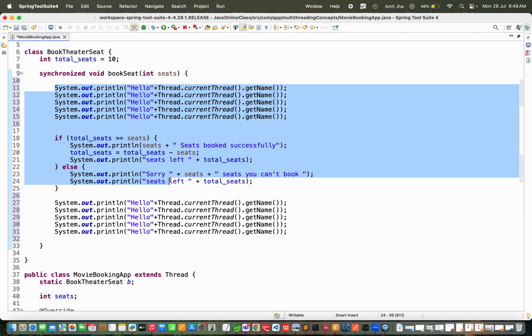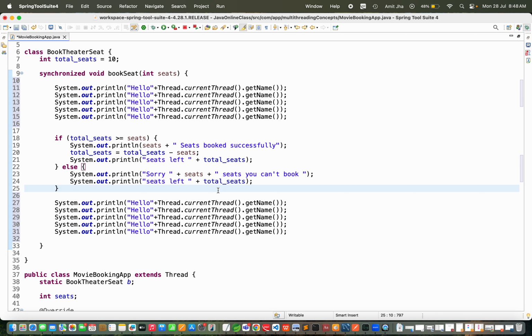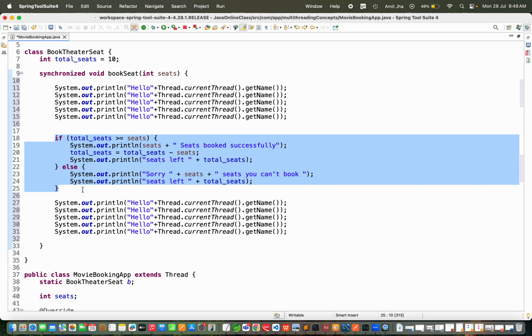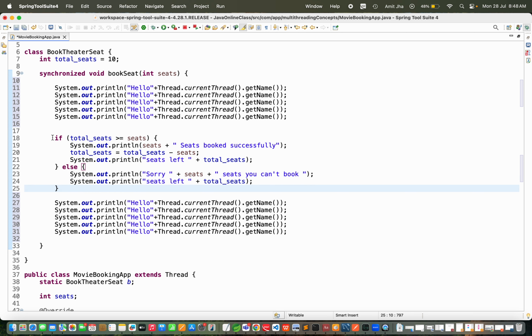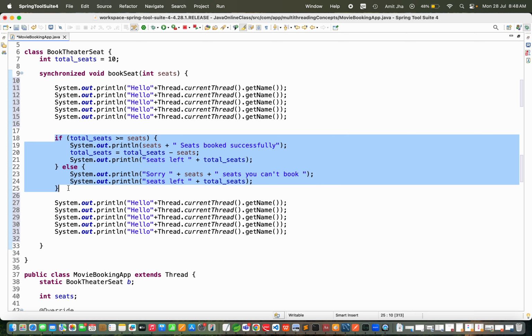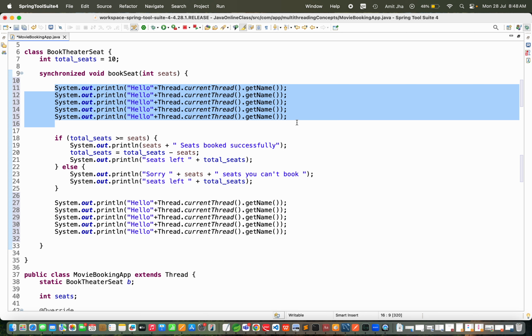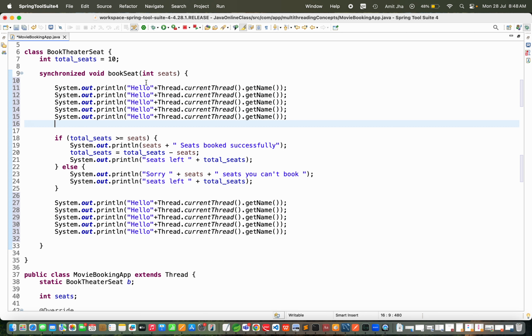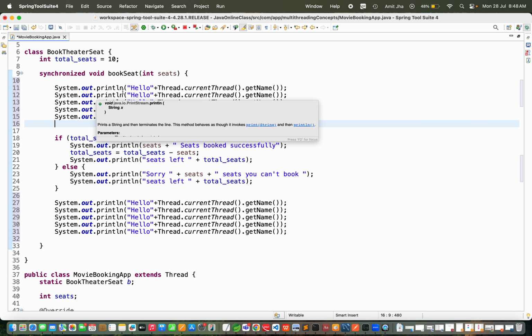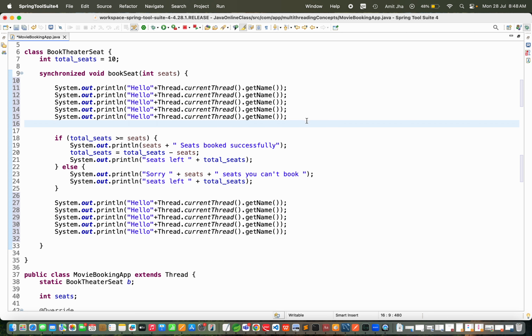Suppose we need synchronization only for this step, guys. We need synchronization only from line number 18 to line number 25. But the other lines are not necessary to synchronize, because we don't have any data inconsistency concern in these lines.